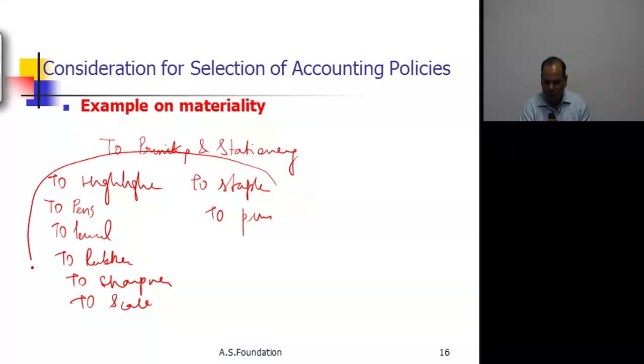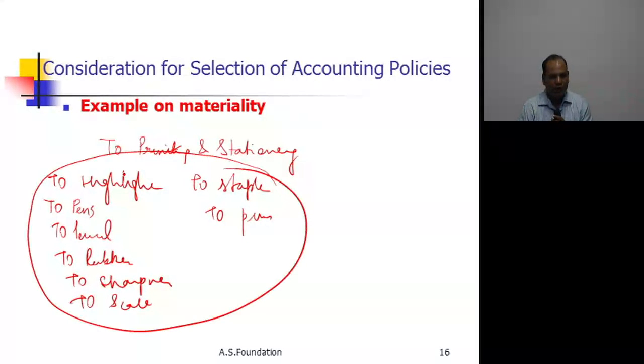User of a financial statement is not interested in such details. That is why what we do, we put all these expenses under one heading: printing and stationery. That is enough.